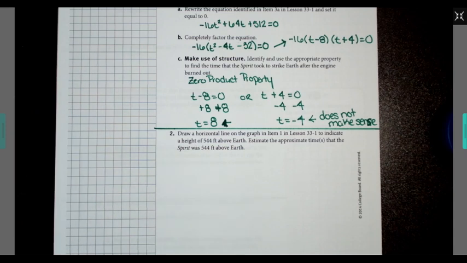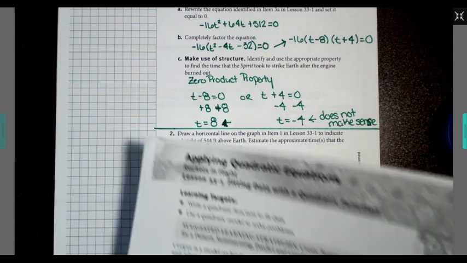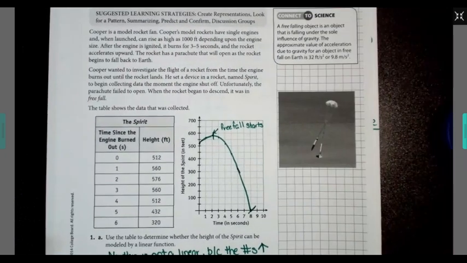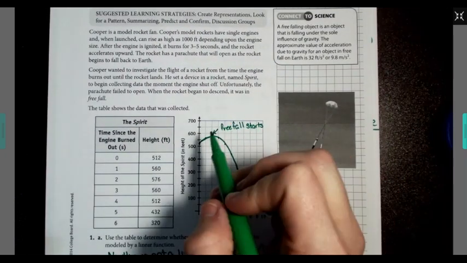Number 2, draw a horizontal line on the graph in item 1 in lesson 33-1 to indicate a height of 544 feet above Earth. Estimate the approximate times the spirit was 544 feet above the Earth. So we want to draw a horizontal line at 544.